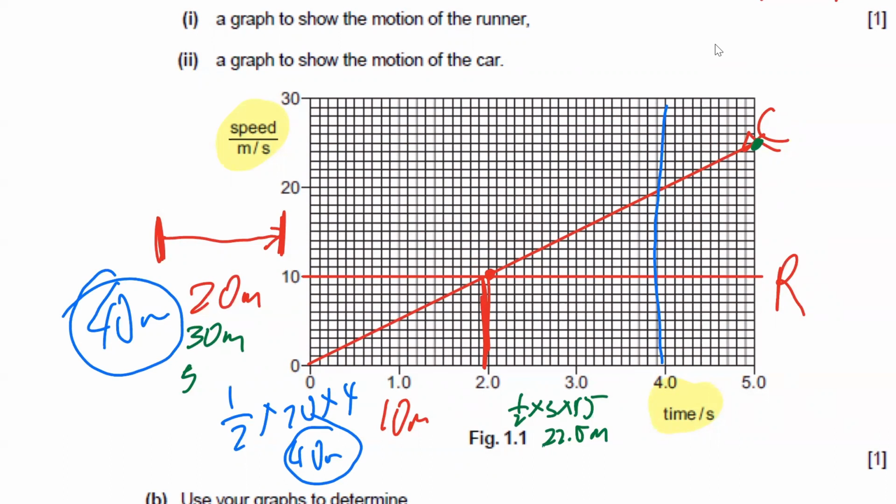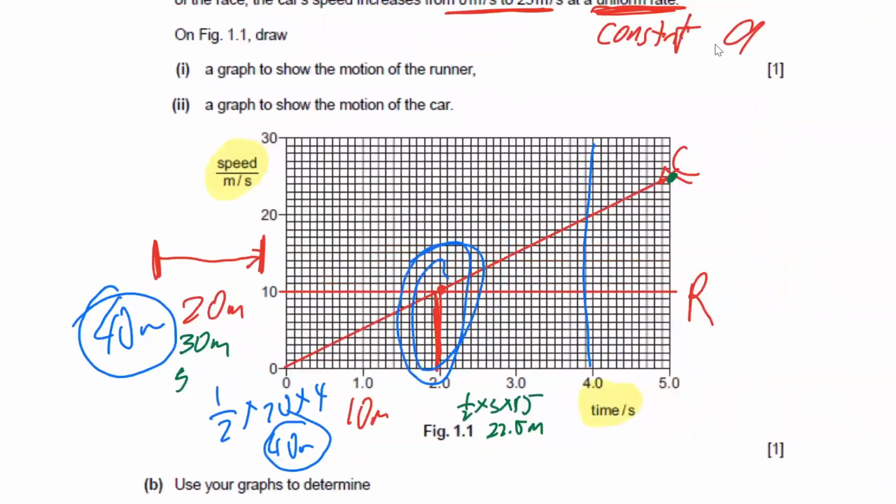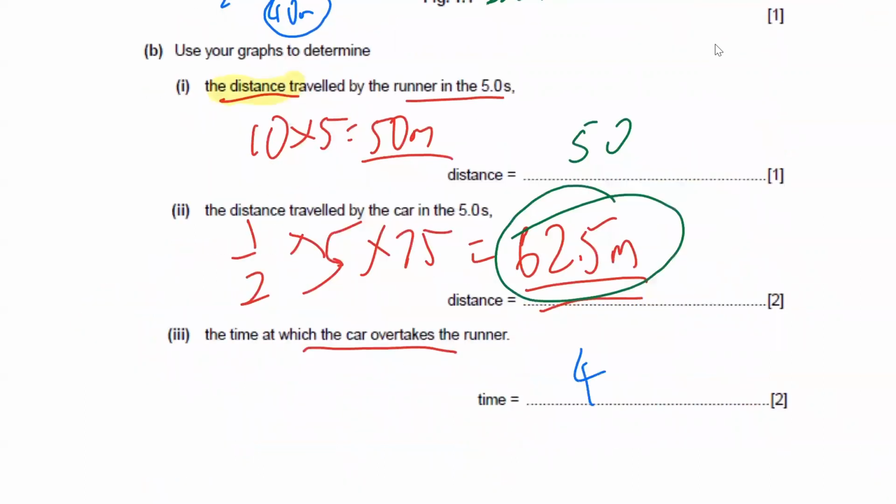Everybody, this is important. Don't guess based on this, which I see literally every one of you did. It's not going to be 2 seconds. So your answer should be 4 seconds, based on the formula.